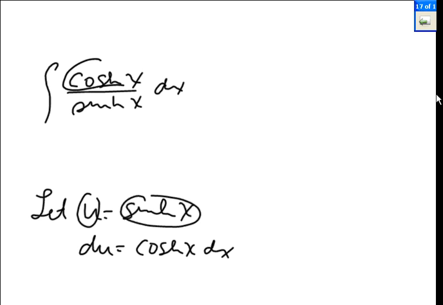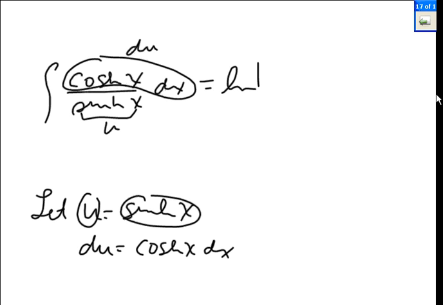But that's exactly what I have on the top. The top is du, and the bottom is u. I know that answer. That's ln of u plus c. And u is sinh of x. Very straightforward integral. No magic there.